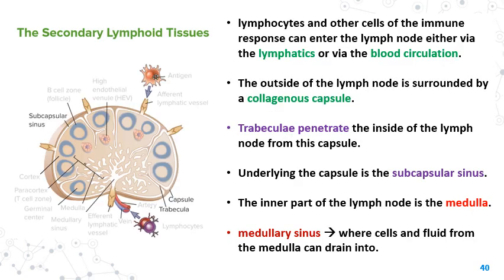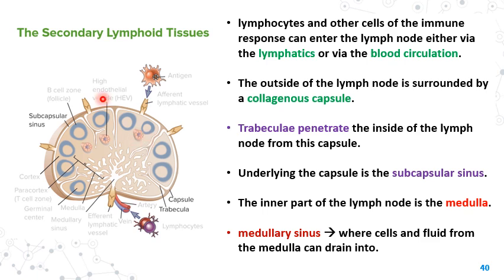Okay. So what is important to see here? Remember that cells can get into your lymph node in one of two ways, right? You can go from the lymph, or you can go from those high endothelial venules, so either from lymphatics or from the blood.